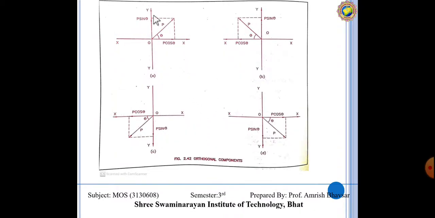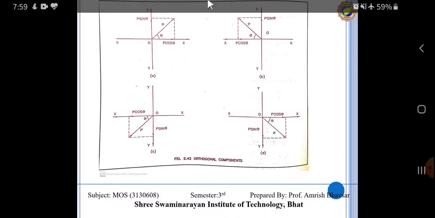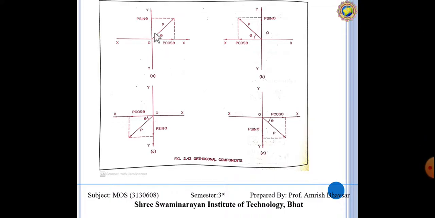This is our first force P, which is in the first quadrant, and we resolve this force P on the x axis as well as on the y axis. As per the right angle triangle method, Pythagoras, the P force on the x axis is P cos theta, and on the y axis it is P sin theta.